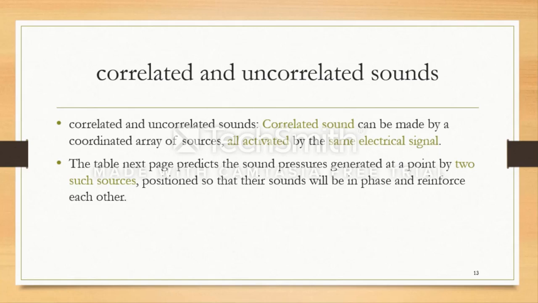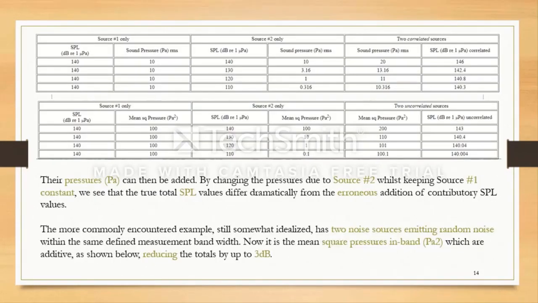The table on the next page predicts the sound pressure generated at a point by two such sources positioned so that their sounds will be in phase and reinforce each other. As you see here, we talk about two correlated sources and two uncorrelated sources.